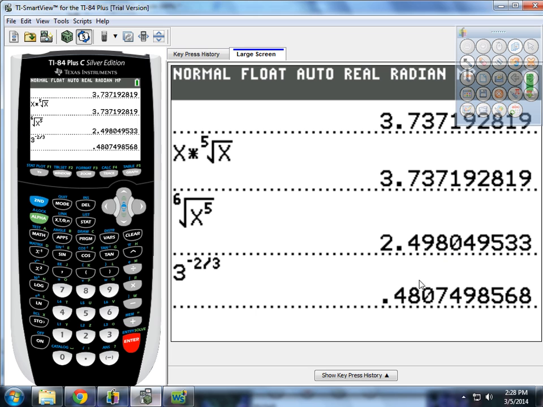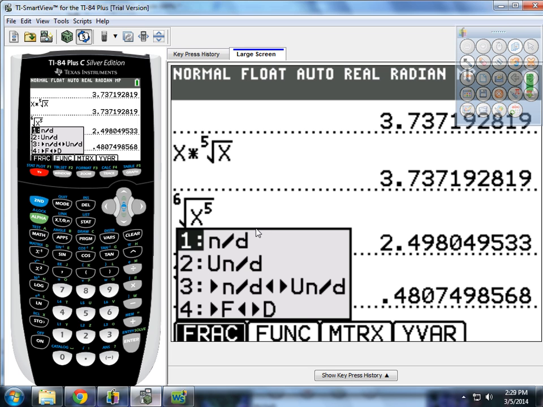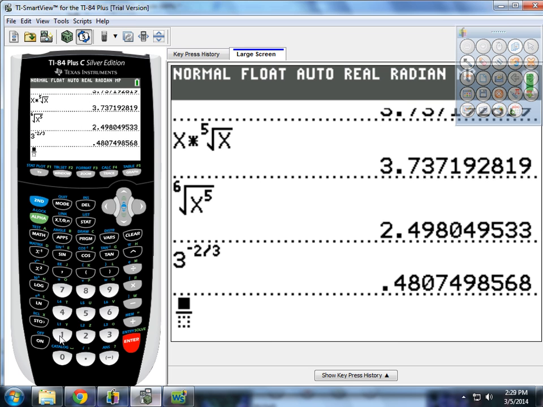So now I'm going to plug in answer choice A. If you notice, that's a big fraction, so I'm going to get my pretty print up here. I press alpha, that green button up here, and the y equals. And remember, I want that first option that says n over d. So on top I have 1.